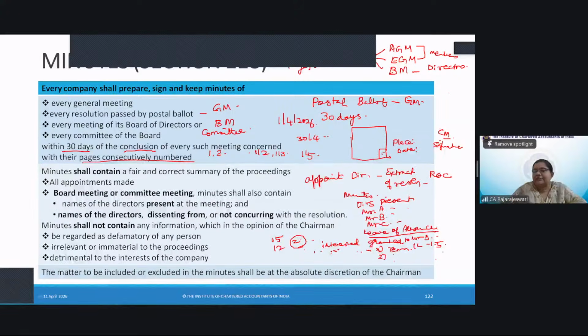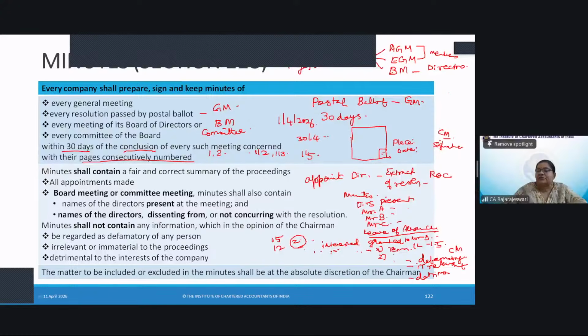Suppose there is something defamatory in nature, or it is not necessary to include such matters in the minutes, then the chairman may decide, and in that case you need not record those things. 3 points you should remember: if it is defamatory in nature, or irrelevant, or immaterial, or detrimental.